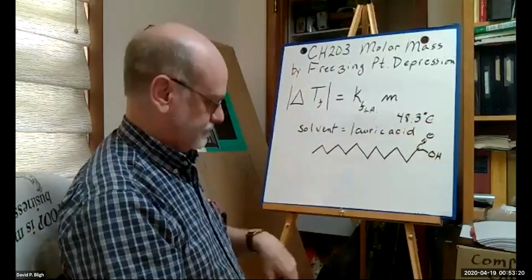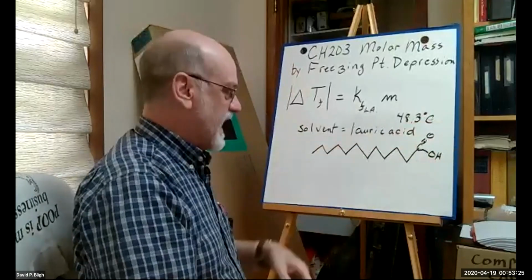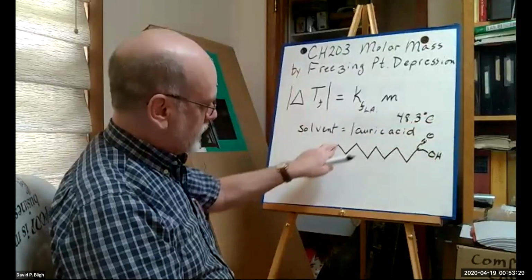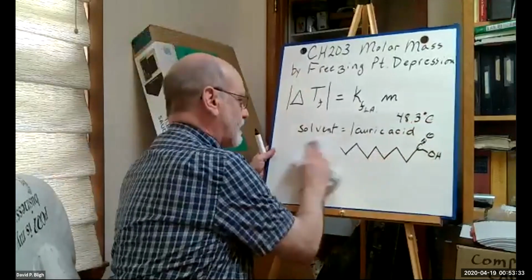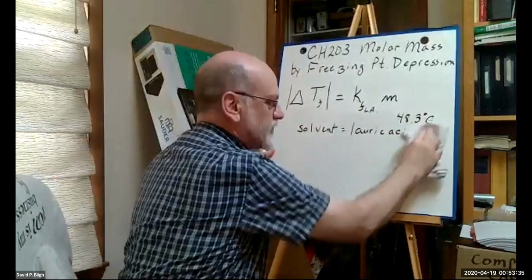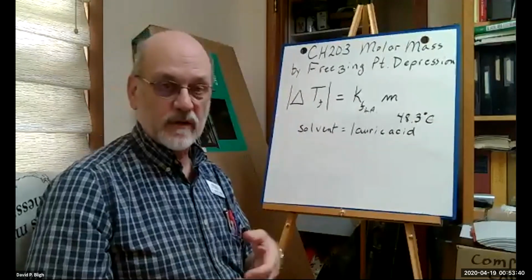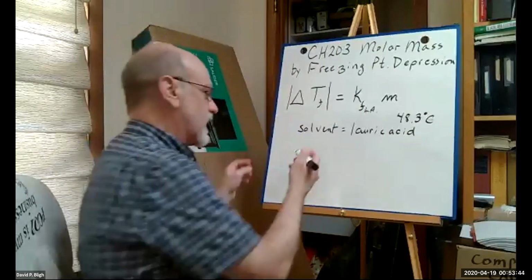It's an organic compound. That's why they call it an acid. And each one of these represents a carbon. So there are 12 carbons in the acid group. So that's our solvent. Our solute, the compound that we're trying to measure molar mass for, is benzoic acid.